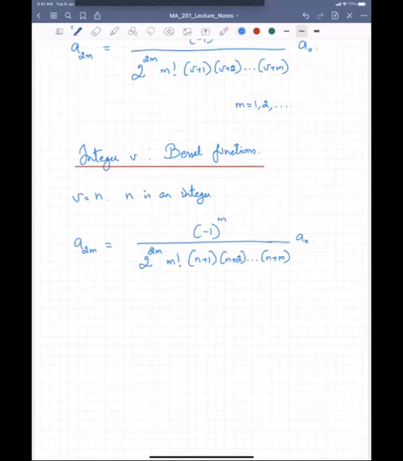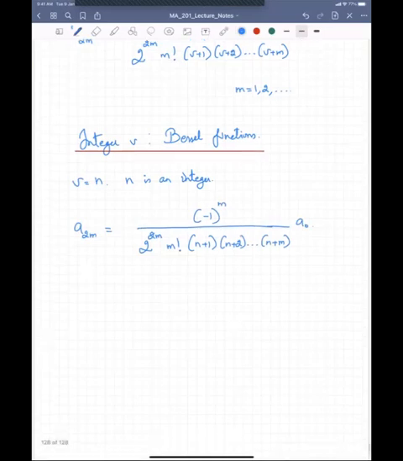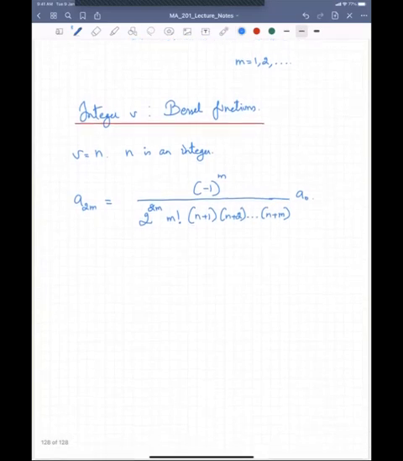So now what should be the choice of A0 such that this series simplifies? There is no particular reason for choosing the value of A0 that I'm going to choose. For example, I can choose A0 equal to 1. But the problem with choosing A0 equals 1 is that every term in the series is going to look a little unwieldy.